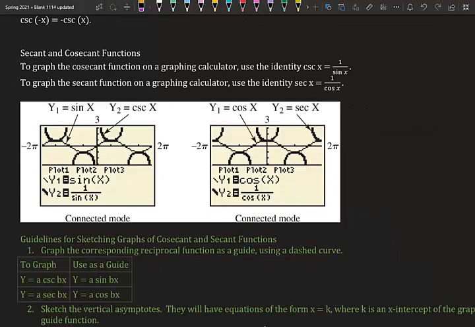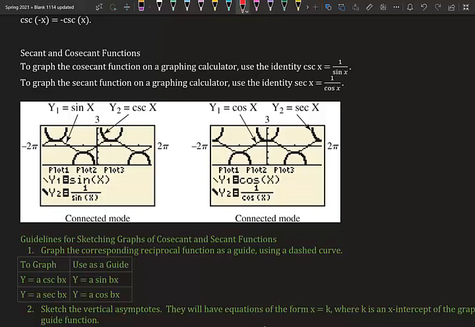Alright, if you were using your calculator, you can use it to check, but you can't use it, remember, to actually give us the answer. If you wanted to use your calculator, remember, it doesn't have these buttons, so you'd have to use 1 over sine or 1 over cosine, just like we did with tangent and cotangent functions. But you would also need to put the original function in there.